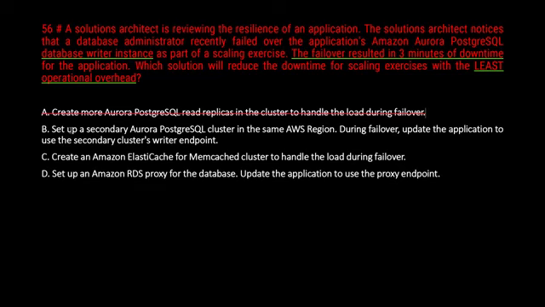And then they are talking about set up a secondary Aurora PostgreSQL cluster in the same AWS region. Again, whenever you are talking about failover, it has to be in a different region. And even if you want to do this, it's too much operational overhead. Cross that out. And then we have create an ElastiCache.